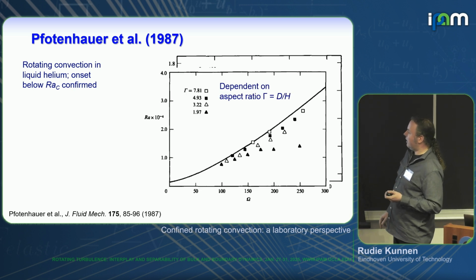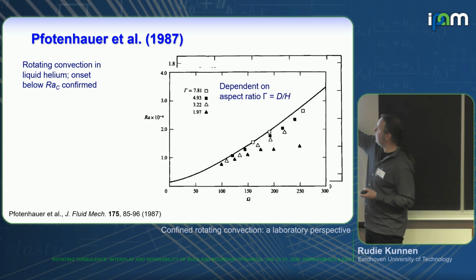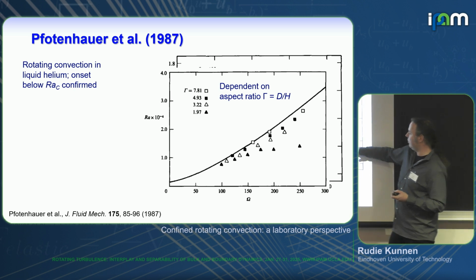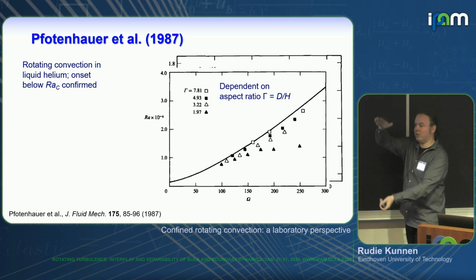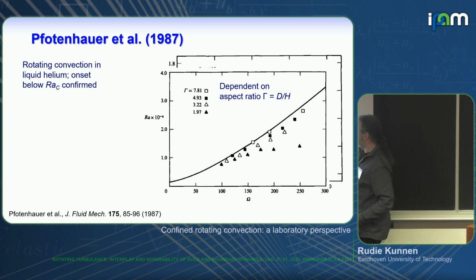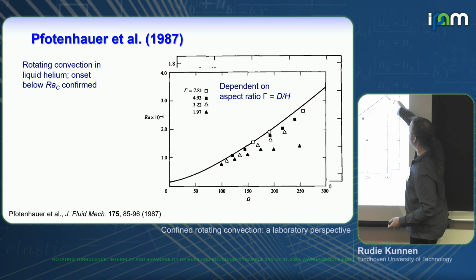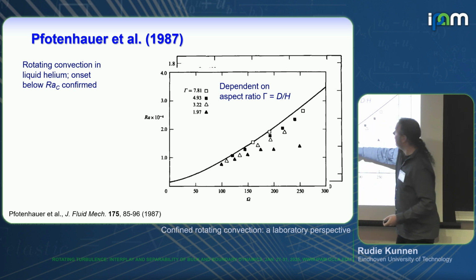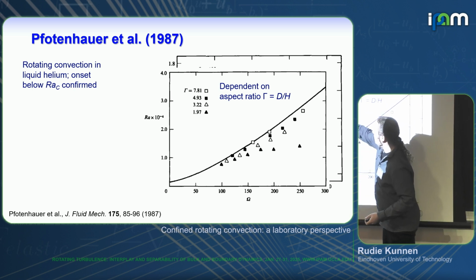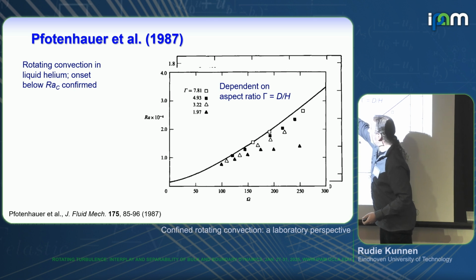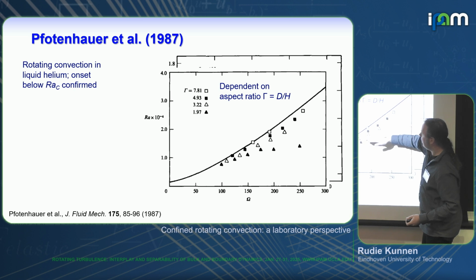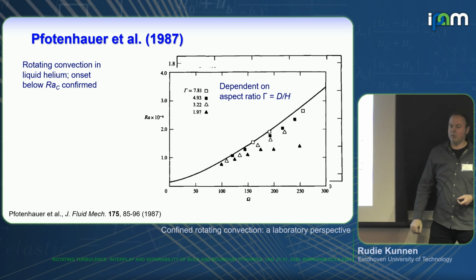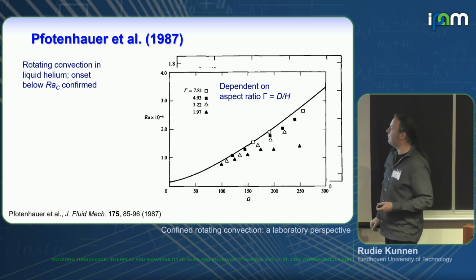By then, they also had the possibility to change the aspect ratio, and they could clearly show that the onset of convection is actually a function of the aspect ratio of the cylinder, where once again the thick line is the prediction from Chandrasekhar. And as you can see, as the aspect ratio goes down, the critical Rayleigh number actually also seems to go down in this representation.